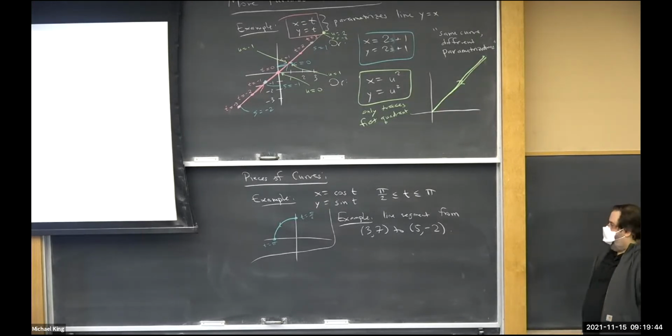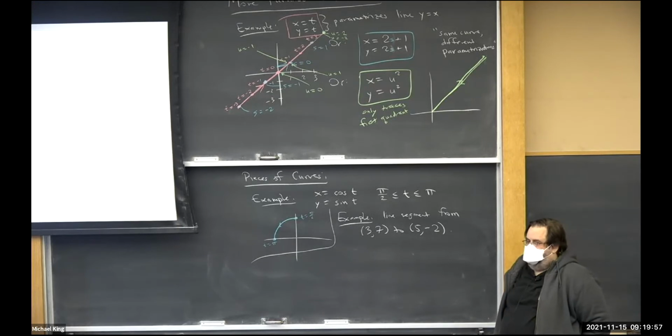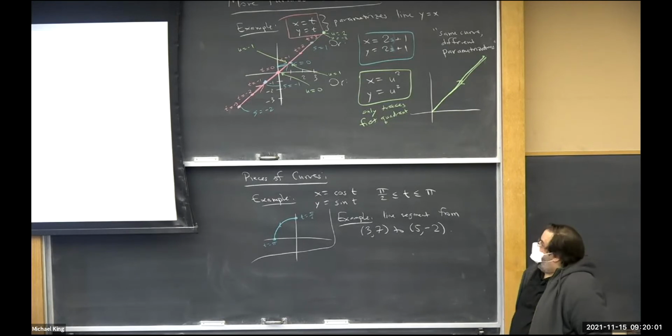Yeah, Leah? That is good. That's actually the next problem says to do it that way. If we just wanted to use our knowledge of lines that we had before vectors, how would we do this?